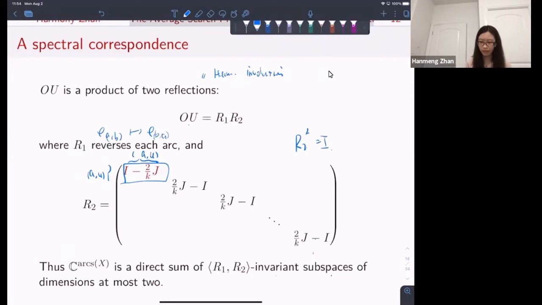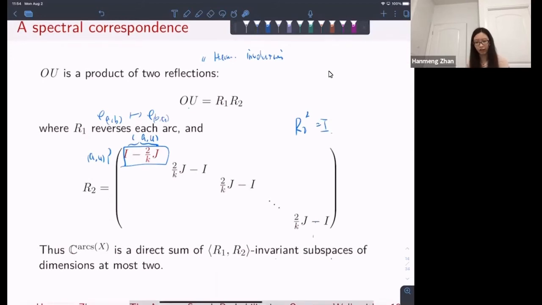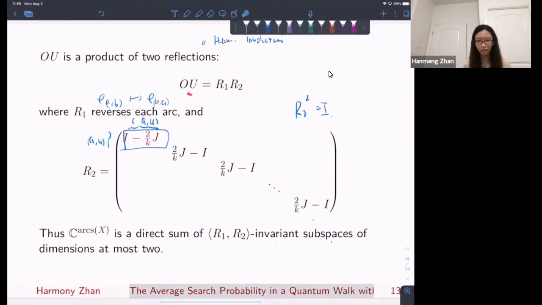Okay, so that's verified. Now there's a famous result saying if a matrix is a product of two reflections, then the state space is just a direct sum of invariant subspaces of these two reflections, which have dimension at most two. So to find the eigenvectors of this unitary matrix, you just need two steps.